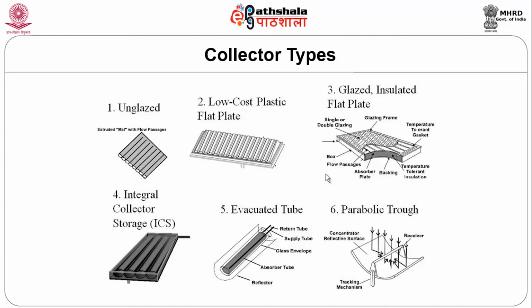We have seen what radiations are available, what is happening in the extraterrestrial and terrestrial regions, and what kind of radiation we receive on this earth, like global radiation, that is direct radiation and diffuse radiation. With this heat energy, a lot of applications are possible from the sun's energy, and one of the applications we have seen is the solar water heating system, for domestic as well as industrial applications.